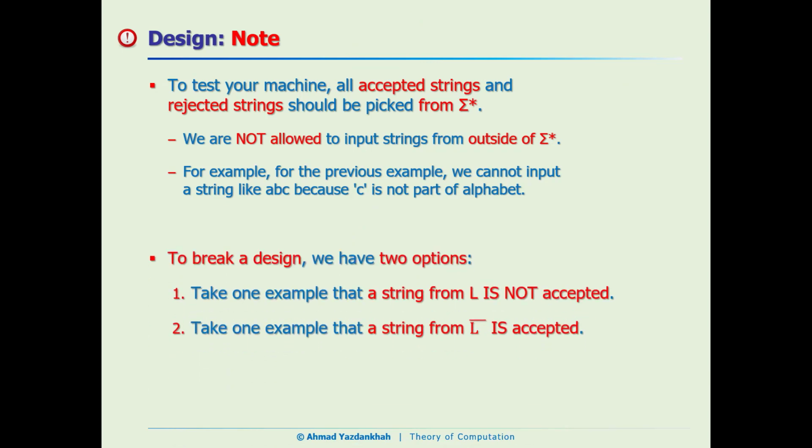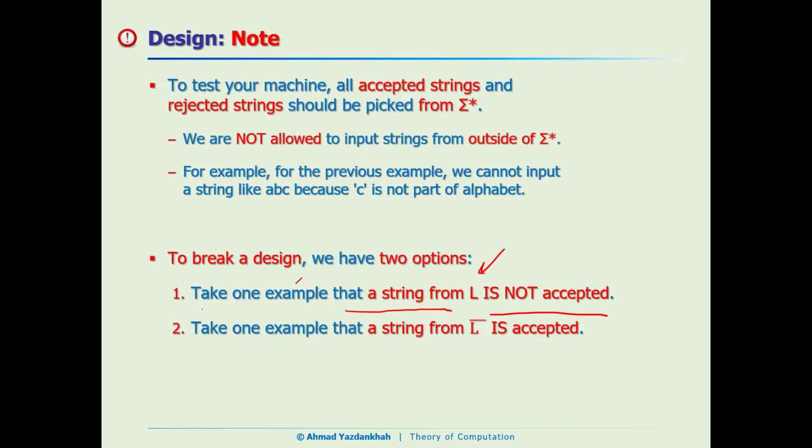How can you break a design? So you have two options for breaking a design. Either you take a counter example, let's say, one string from L that is not accepted. If you can find one string from the L that is not accepted by your machine, the machine is not designed very well.